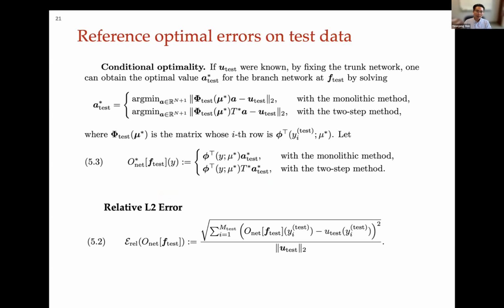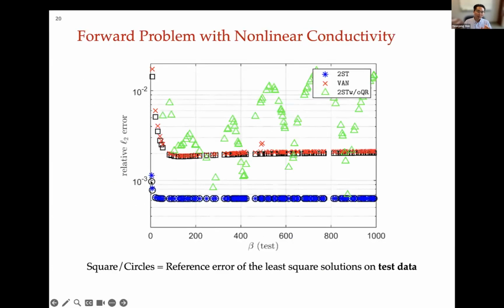With this perspective in mind, let's go back to the figure here. For the deep two-step method, you can see that the blue is almost identical to the black circles, which tells you that the branch network trained by two-step is well trained, in the sense that it matches the best least squares solution.